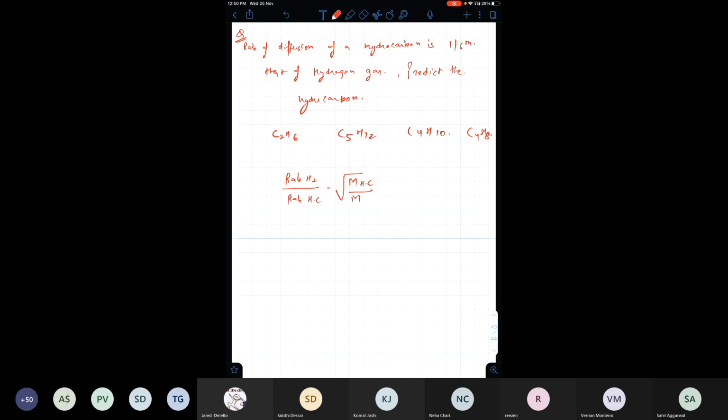This is 2. 6 will be equal to square root of mass of hydrocarbon by 2. Squaring on both sides, 36 is equal to mass of hydrocarbon divided by 2. Mass of hydrocarbon is 72. 72 कौन सा होगा? This will be 72. All of you understood?